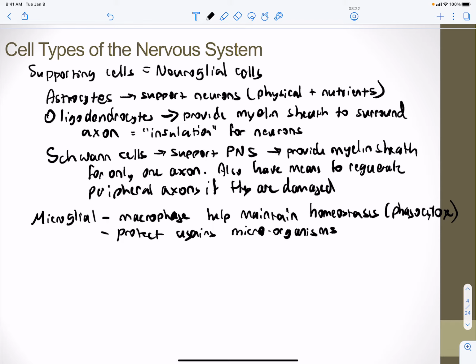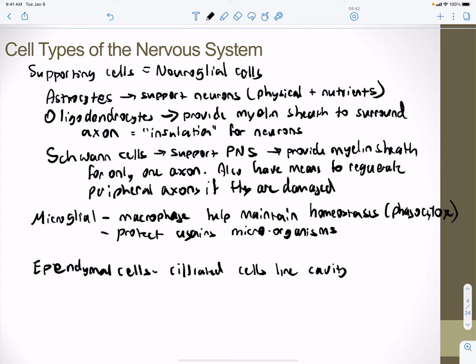Now we also have epididymal cells. These are going to be ciliated cells that line the cavities. And this is going to be the cavities of your ventricles and of your CNS as well as the spinal cord.